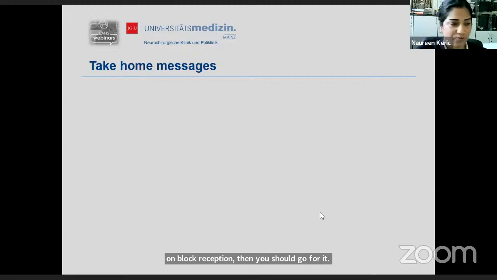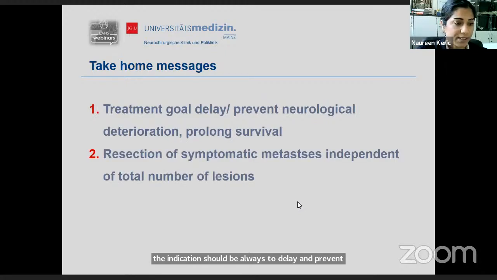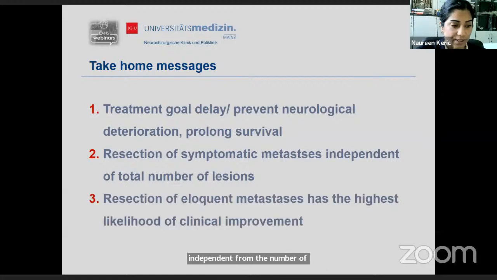So the take-home messages from my side in case of a tumor resection, metastasis resection is, of course, the goal, the indication should be always to delay and prevent neurological deterioration and prolong survival. The resection of symptomatic metastasis should be indicated by us and, of course, the oncologist, independent from the number of the lesions in the brain.